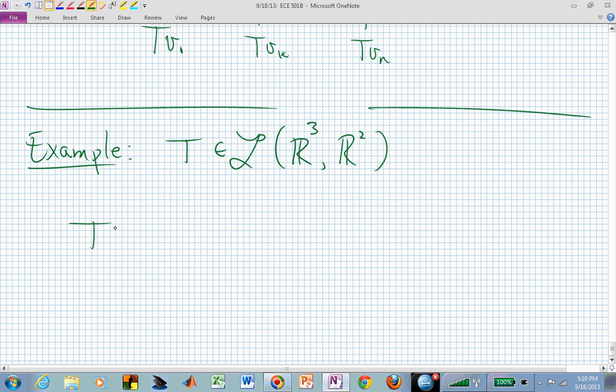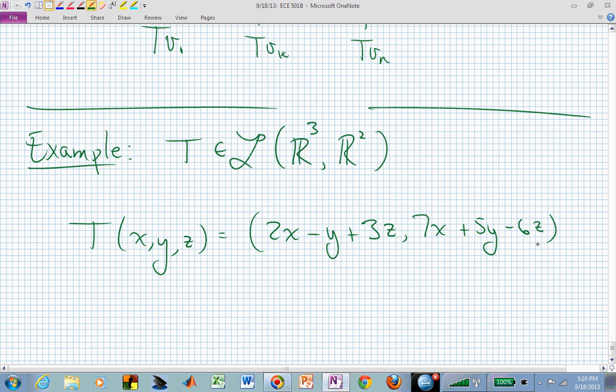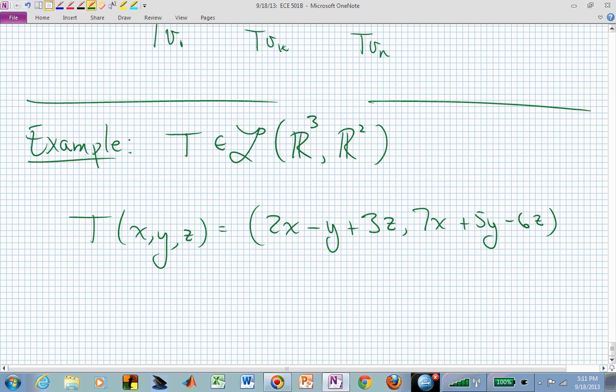The linear map is, let's say, 2x minus y plus 3z and 7x plus 5y minus 6z. So now we're going from a three-dimensional space to a two-dimensional space by this choice of a linear map.